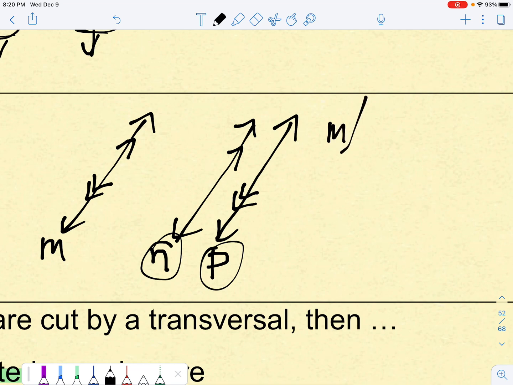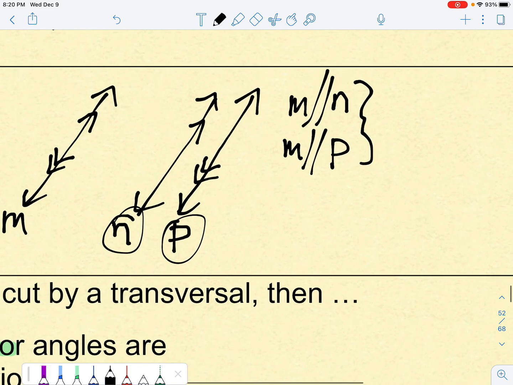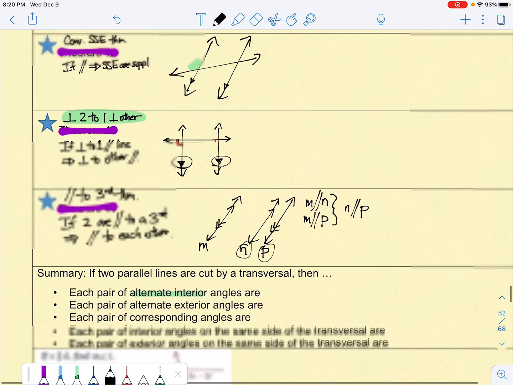So we know M is parallel to N, and we know M is parallel to P. Then we can put these two things together and say N would also need to be parallel to P.